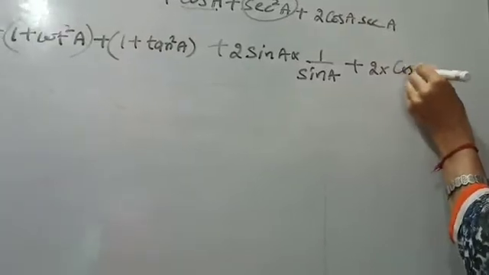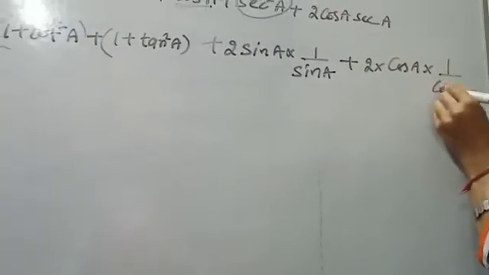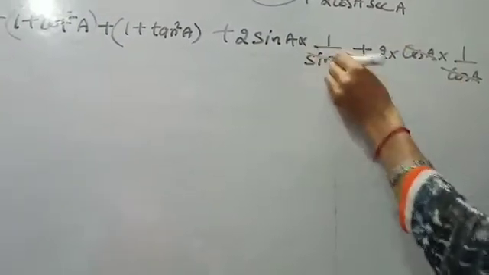Similarly 2 cos A, and secant A is the reciprocal of cos A. So these cancel each other.